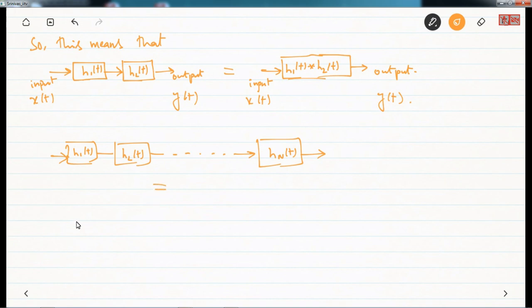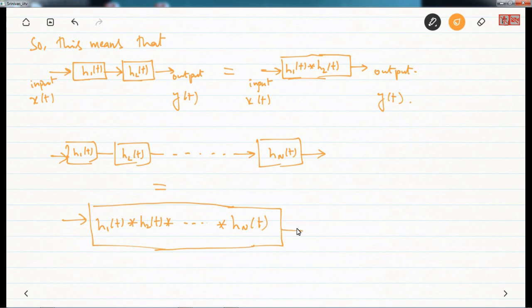This is exactly equivalent to a single system having H1 of t convolved with H2 of t convolved with, and so on, convolved with Hn of t. So both are exactly the same.